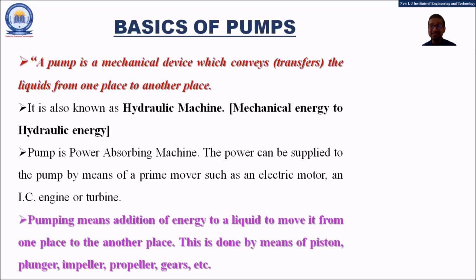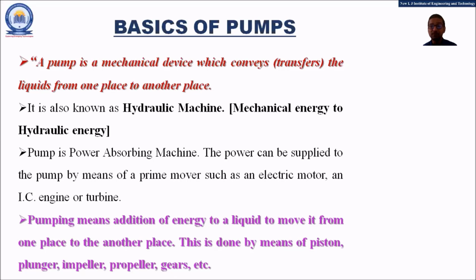Remember friends, this is an important point. The pump is always a power absorbing machine. That means for the operation of the pump, we need to provide power to the pump. And friends, if you remember in the concept of the Rankine cycle, we have used the pump.